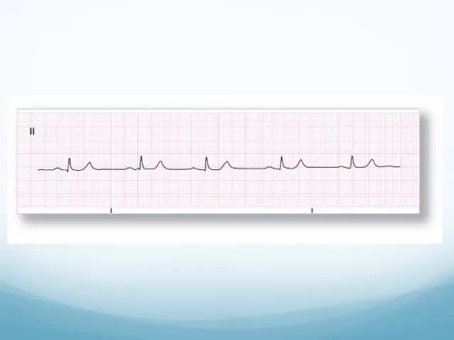Hopefully this will make a little more sense when we're able to meet in person and go over some of this stuff. But we are able to tell that we have a compensatory pause following the third beat. So the total interpretation of this rhythm would be a sinus bradycardia with a premature atrial contraction and a compensatory pause.